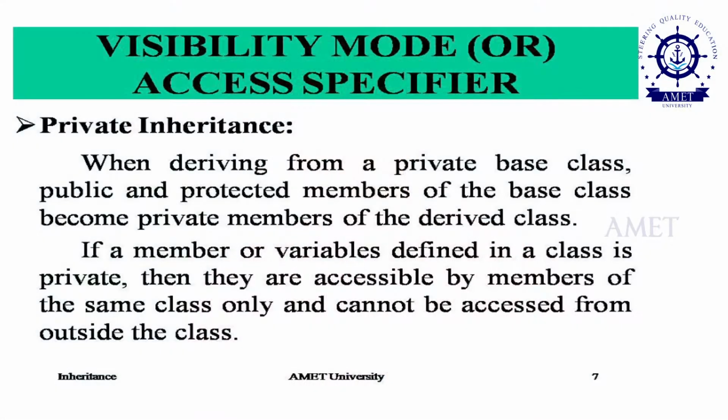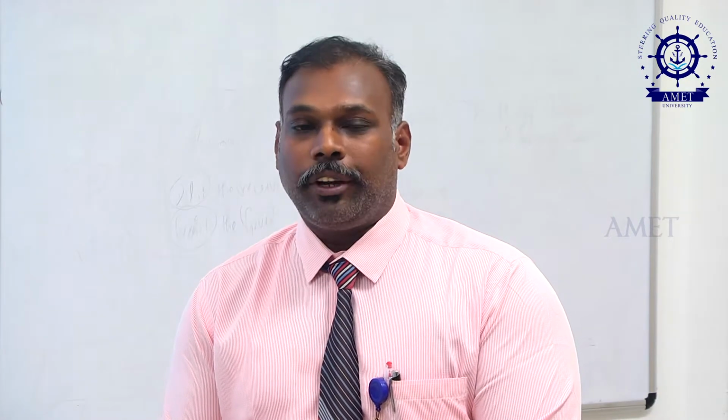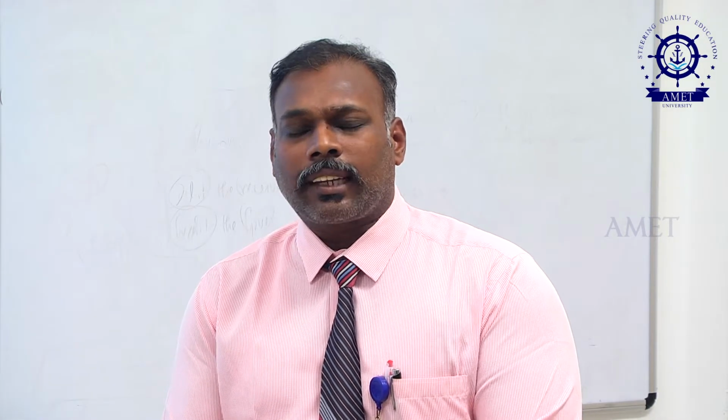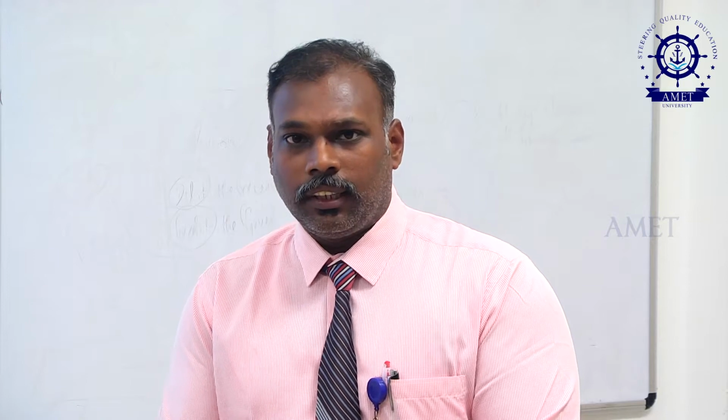Then the primary thing in inheritance is the visibility mode. In other words, we can call it access modifiers or access specifiers. What is meant by access specifier? We can split the word into 2 parts: access and specifier.